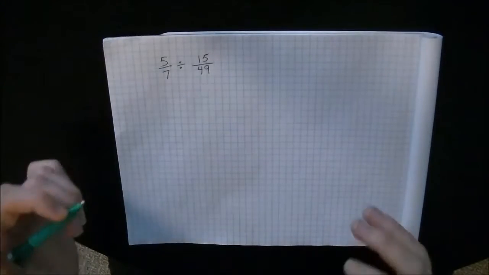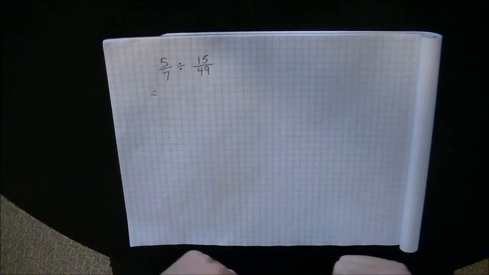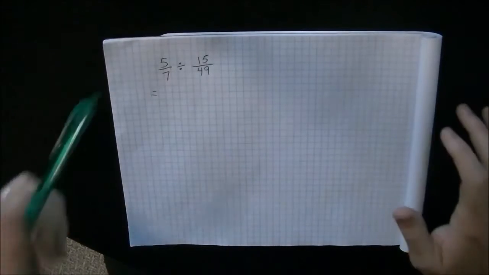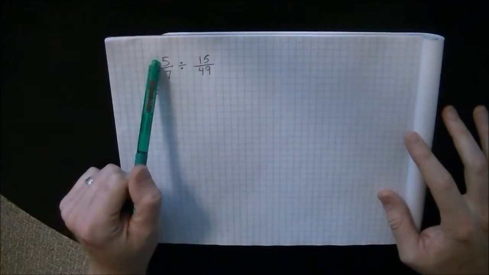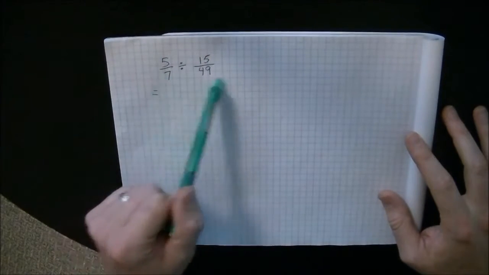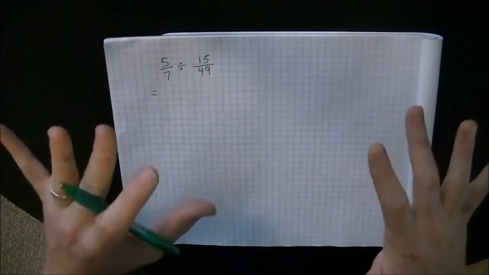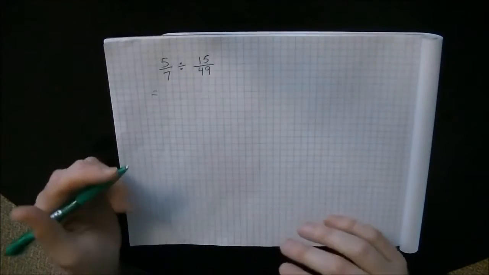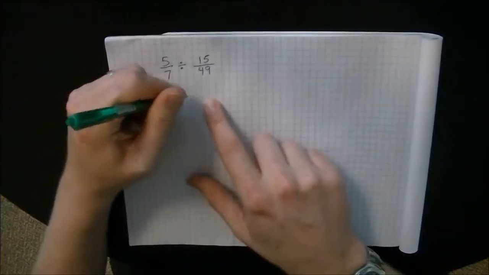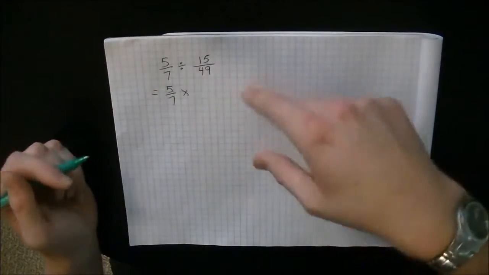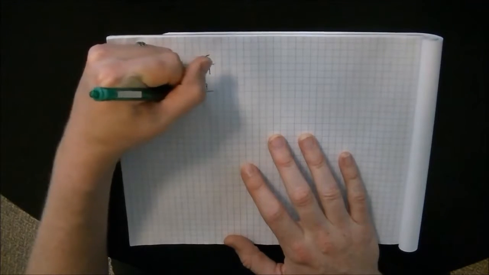Okay, so let's try this one. 5/7 divided by 15/49. Now here, we'll see there's a factor of 5 in 5 and 15, and a factor of 7 in 7 and 49. There might be some cancellations, but don't do any cancellations until we've translated this into a multiplication question. So this is still 5/7 times the reciprocal of this number, which is 49/15.